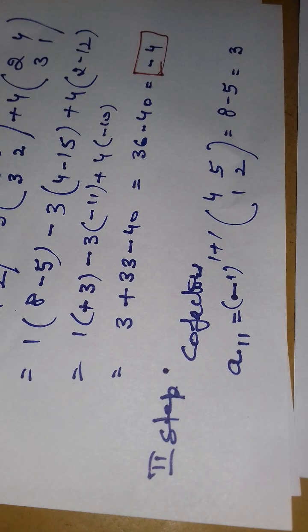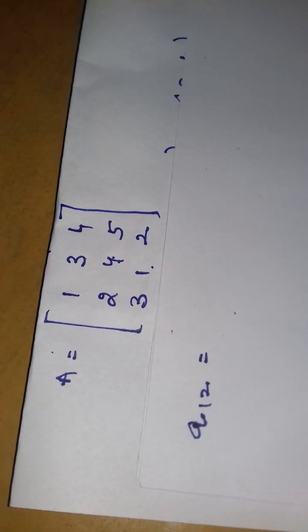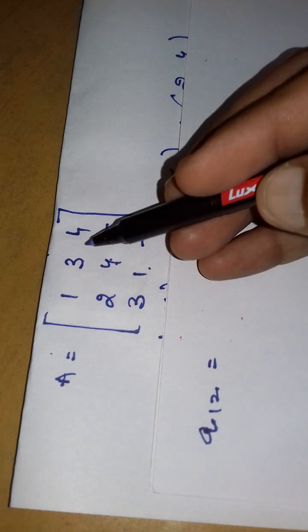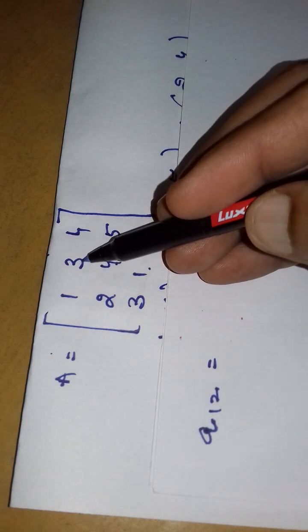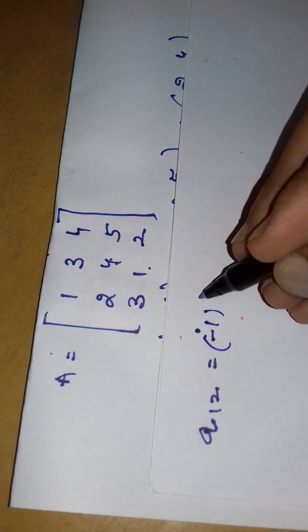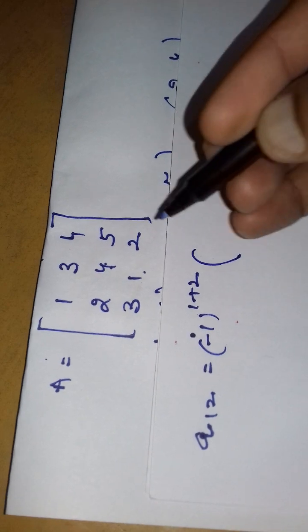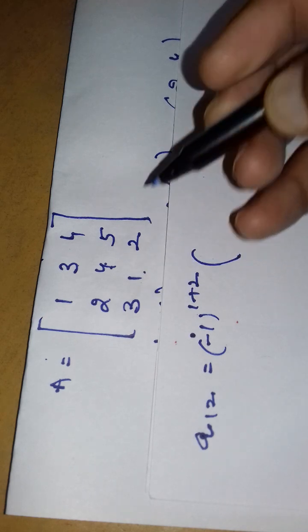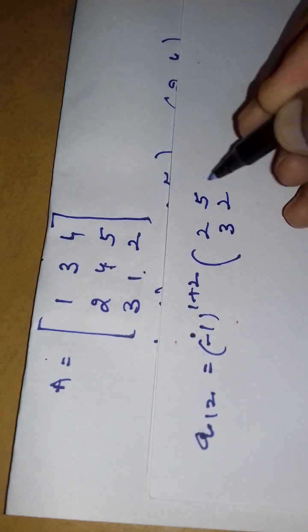It is minus 1 to the power 1 plus 2, and its submatrix will be 2 5 3 2.